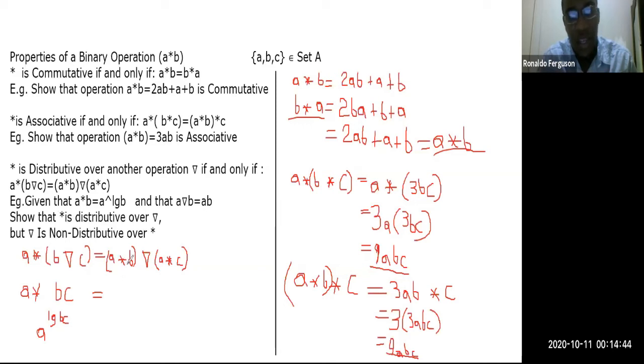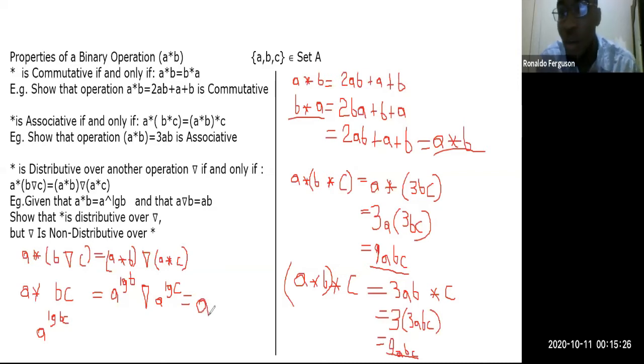So A star B is working out to be A raised to the log B, delta A star C. A star C is A raised to the log C. So what we need to do is work out A to the log B delta A to the log C. So we have some numbers P and Q. P delta Q is P times Q. So this works out to be P times Q.